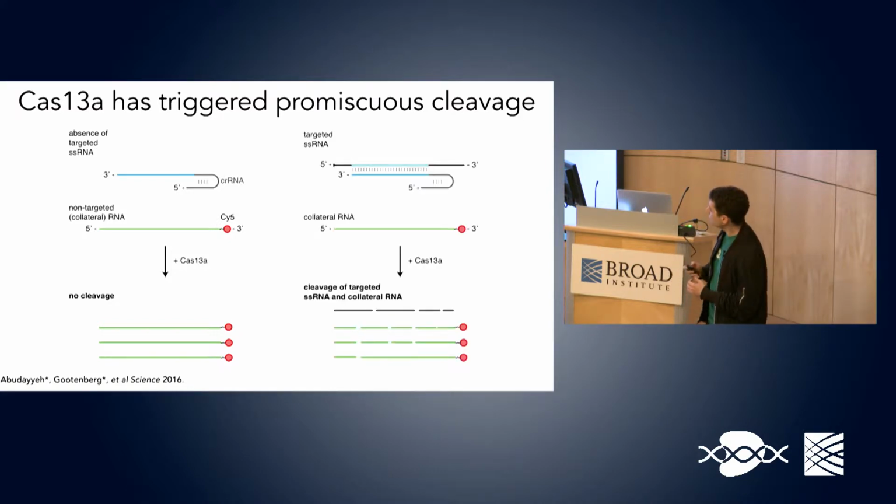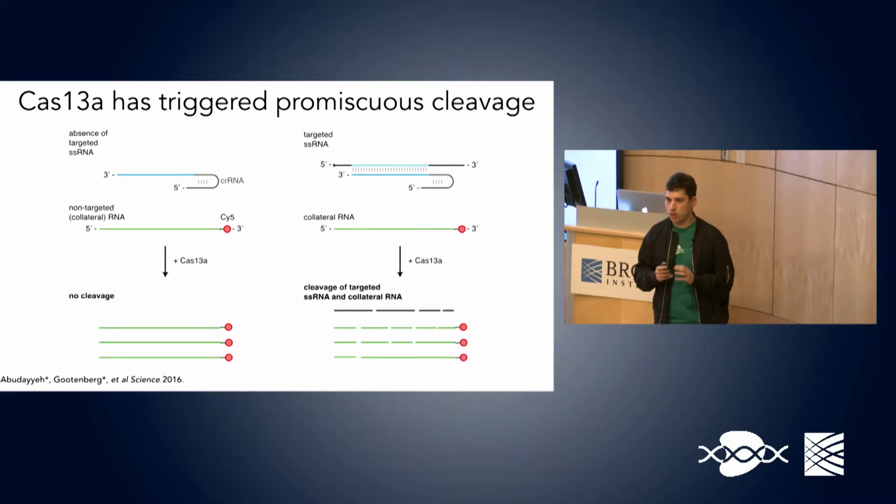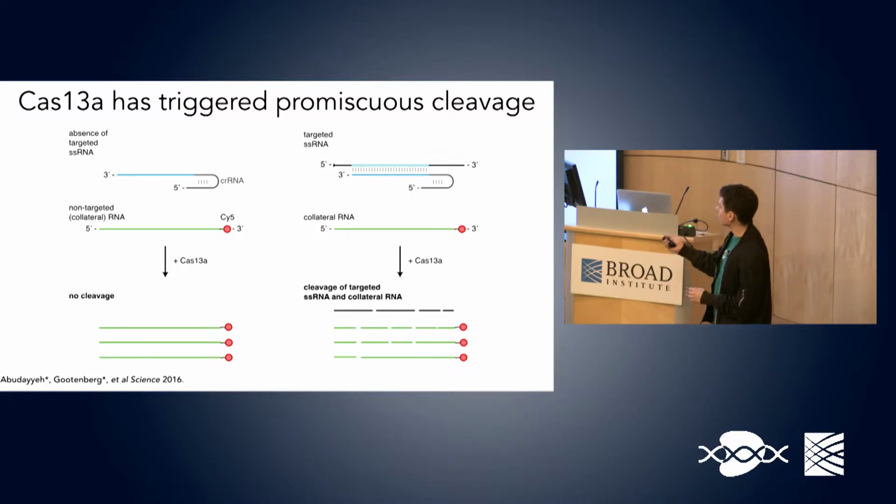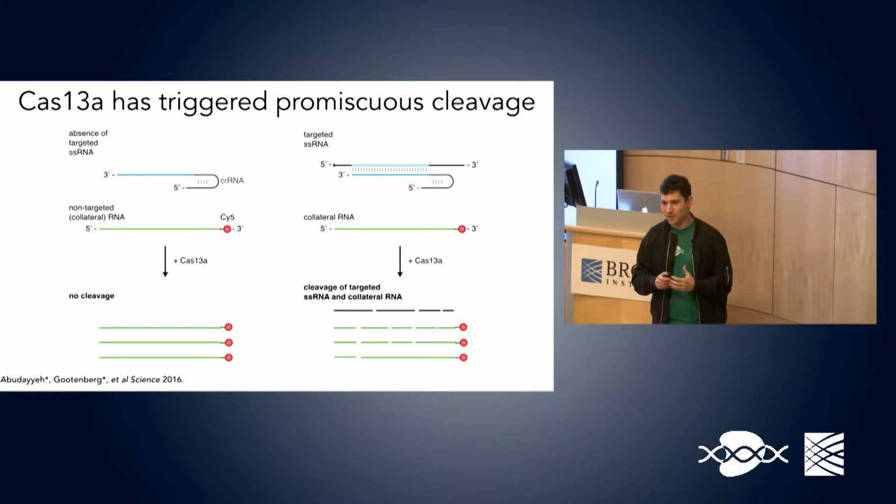But if you add in the targeted RNA, you get, as you would expect, cleavage of the targeted RNA. But you also get cleavage of these other RNAs in the solution.